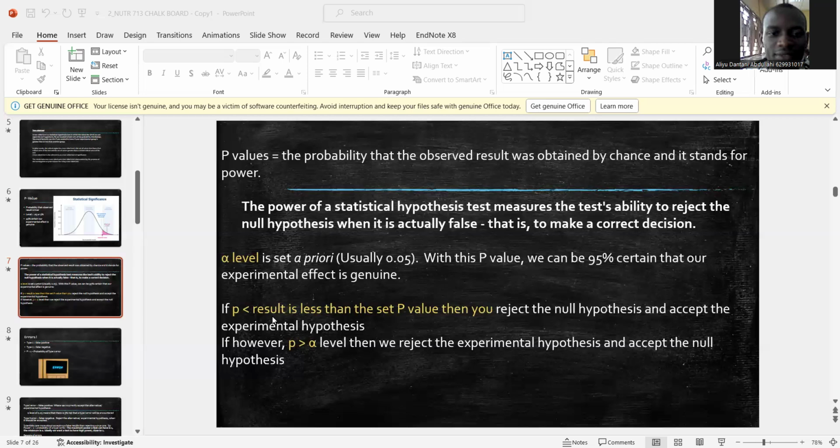If your p-value is less than your alpha level set here, that's 0.05, you have to reject the null hypothesis, which assumes that there's no significant difference. If your p-value is less than 0.05, there's a significant difference. So you reject the null hypothesis and you accept the alternative hypothesis. Or if your p-value is higher than this 0.05, then you accept the null hypothesis and you reject the alternative hypothesis. I think that makes it clear.